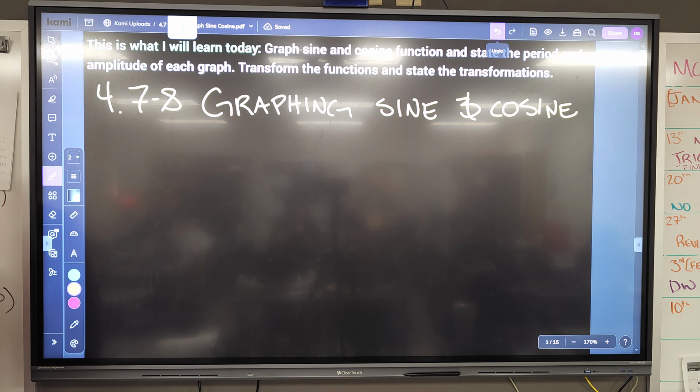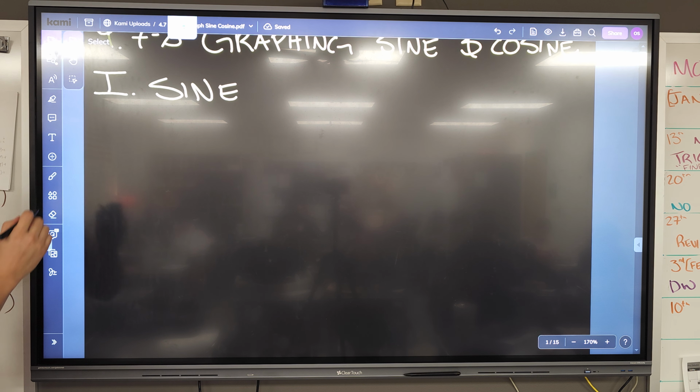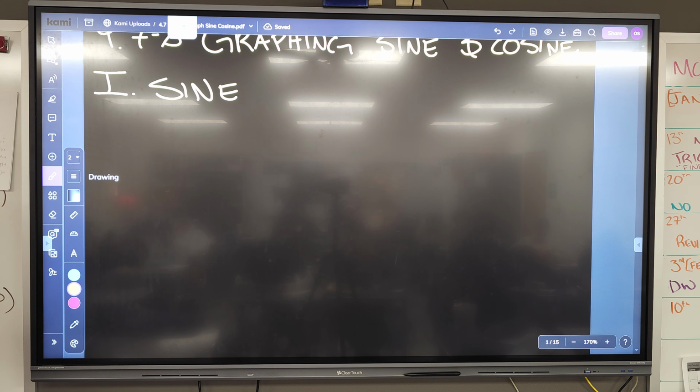Number one. Let's do the sine graph. And here's what I want you to do. Try to mimic this as close to my graph as you can. So do this, and then make this right side a lot longer than the left side. That's intentional. And we're going to put 8 tick marks, 8 slashes. Don't put them too close. So like this. 1, 2, 3, 4, 5, 6, 7, 8.